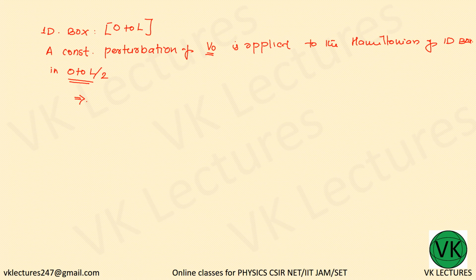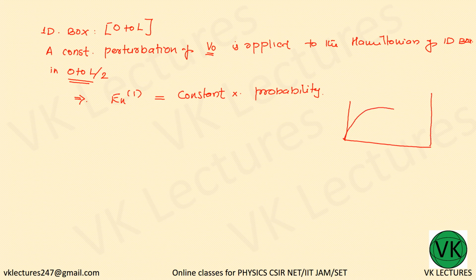Now we know the first order correction to energy is given by the constant perturbation into the probability. So now the question is, what is the probability of finding the particle from 0 to L by 2? So this is the one dimensional box, and here you have the wave function from 0 to L, and this is L by 2.